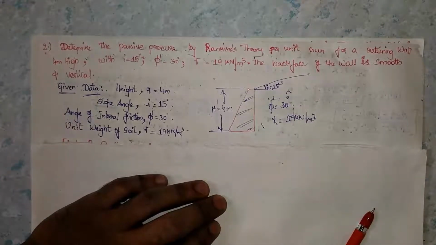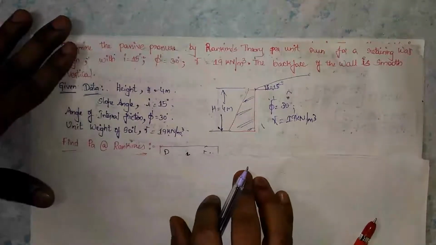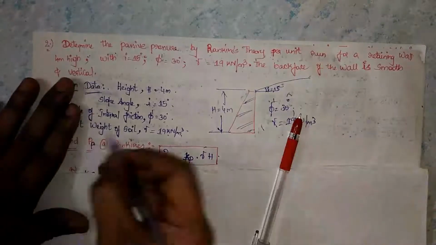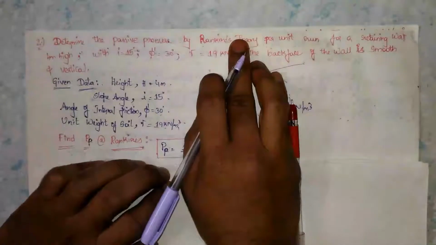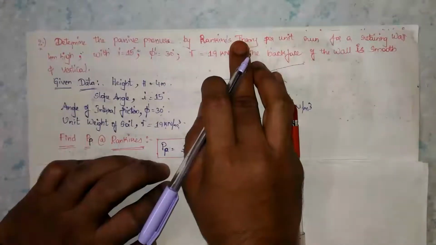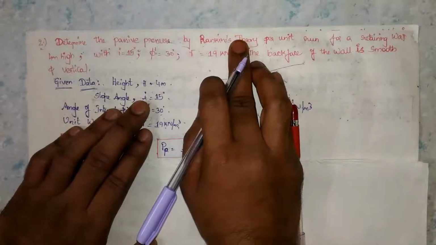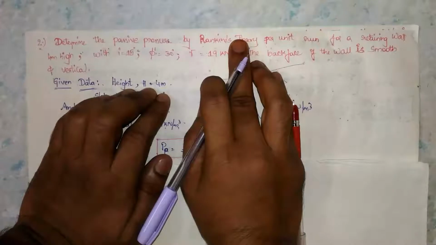Which formula will suit? He told us to find the passive pressure by Rankine's theory. In Rankine's theory, we have to use the inclination form. Why? In the question he has mentioned the slope angle. If he doesn't mention any slope angle, we have to use the cohesionless soil condition.